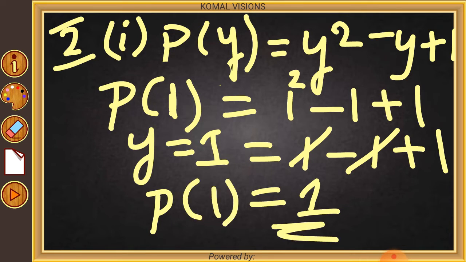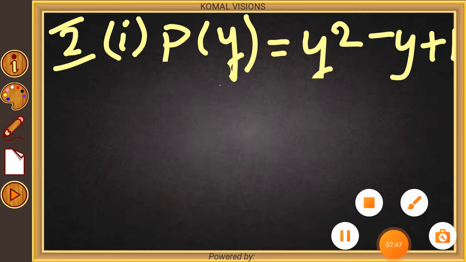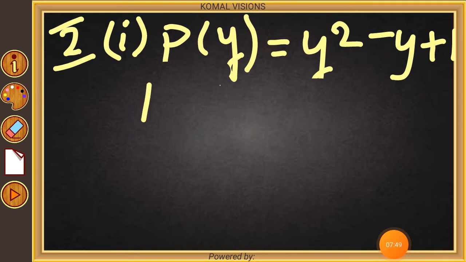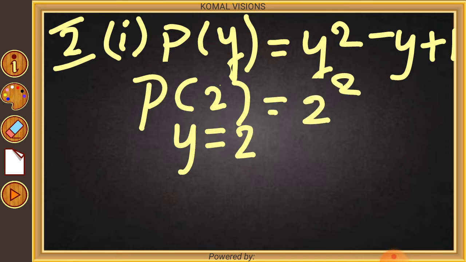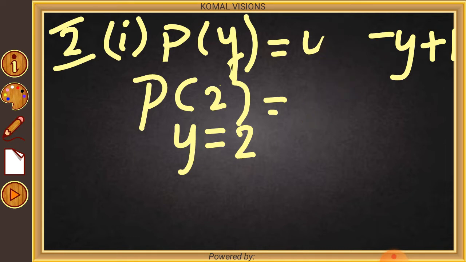Next, for p of 2, what we'll get? For p of 2, you have to take the value of y as 2 here. Let me erase and write properly for you.